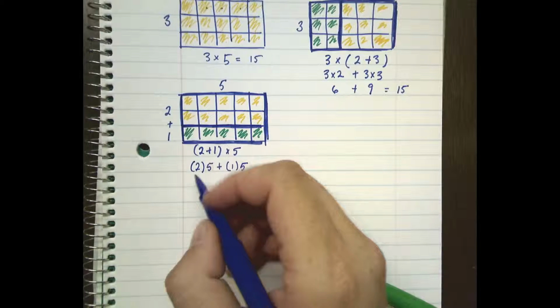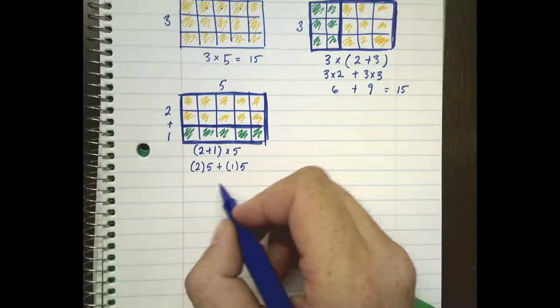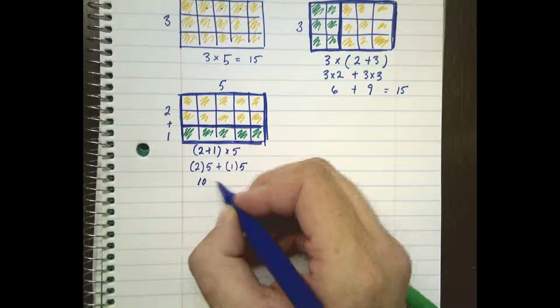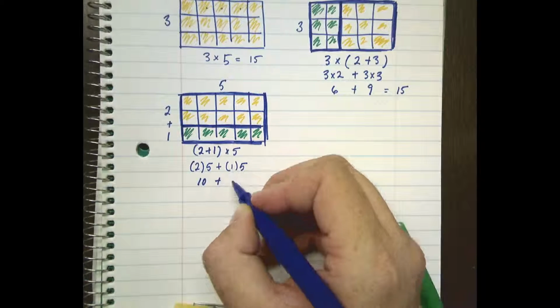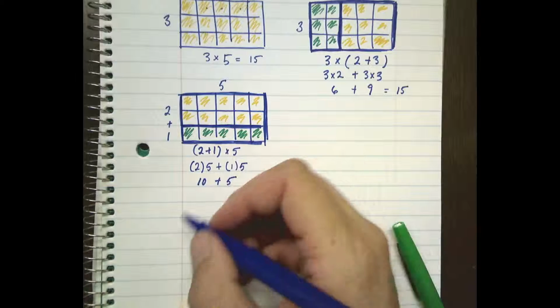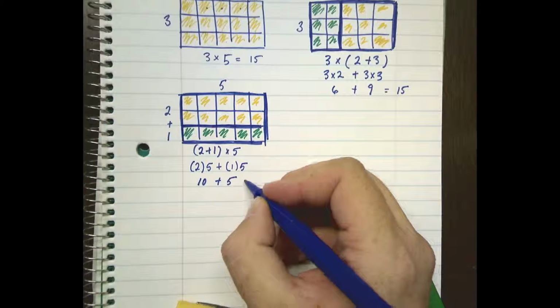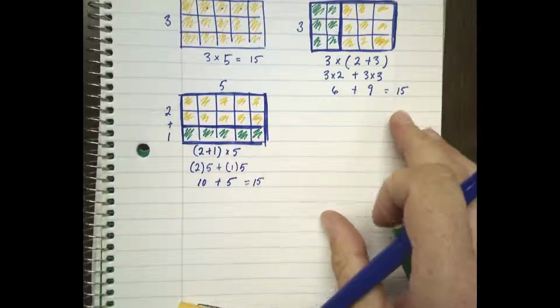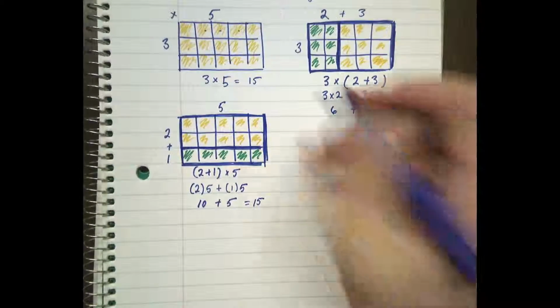And then I should get the same, but let's just figure it out. So 2 times 5, which is 10, plus 1 times 5, which is 5, and that, lo and behold, equals 15, the same area as my house.